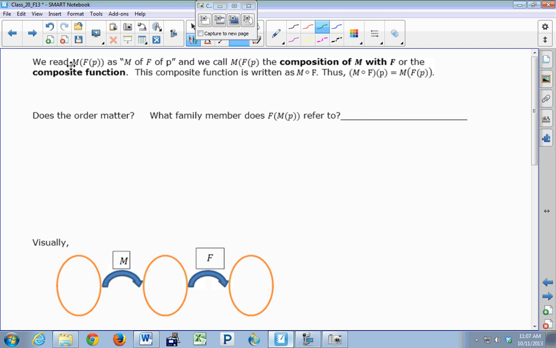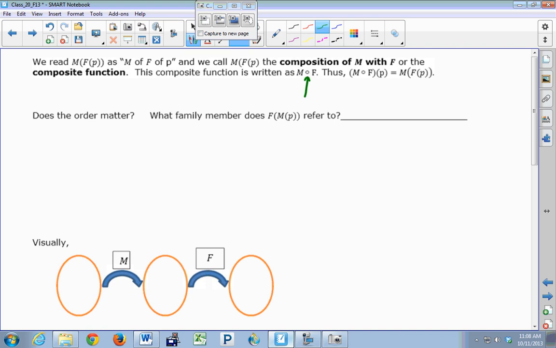M of F of P. We call this function the composition of M with F, or a composite function. Just like when you put a composition together for an English class, you take different ideas and put them together, hopefully in a logical, sequential way so it makes sense. So the composite function is written this way as well.